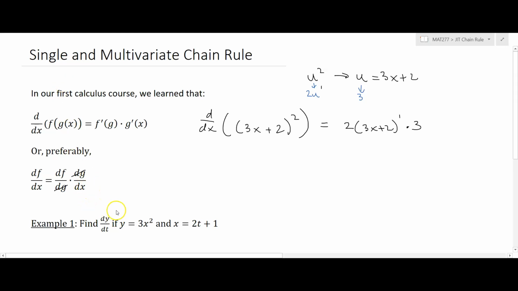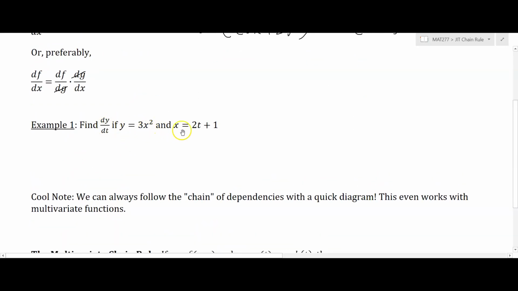So the way this would work with something like y = 3x squared and x = 2t + 1 is we would, first of all, to find dy/dt, set this up very easily when the variables change by saying, well, I can take the derivative of y, but I can only take that with respect to x, and I can take the derivative of x, but I can only take that with respect to t, and look at that, the units cancel out.